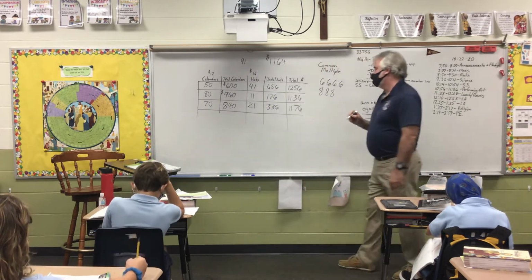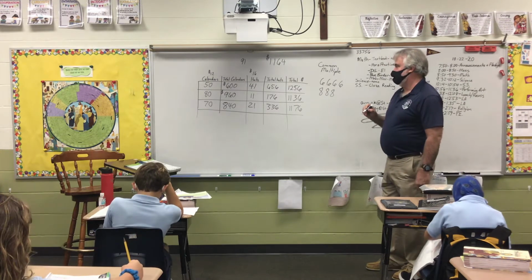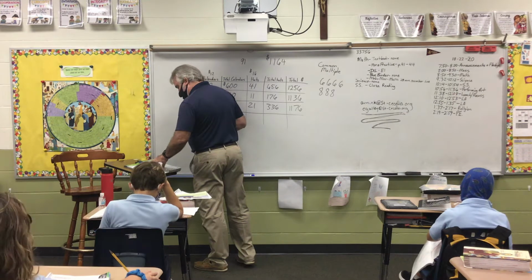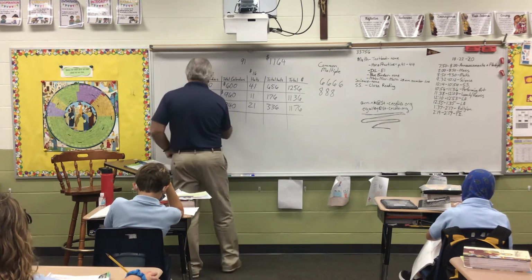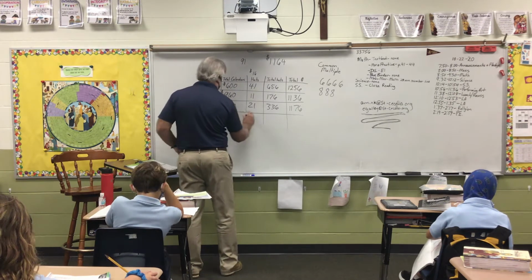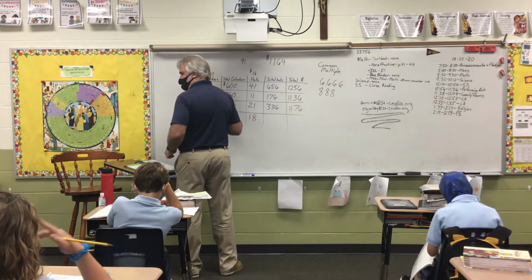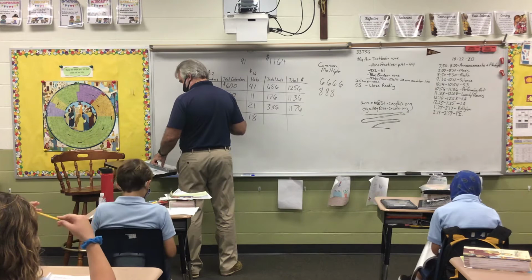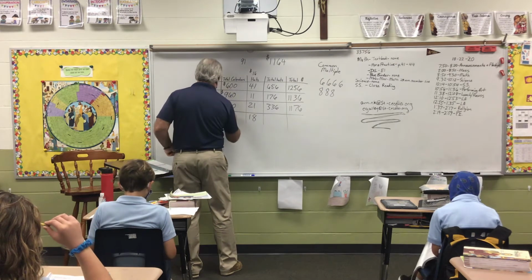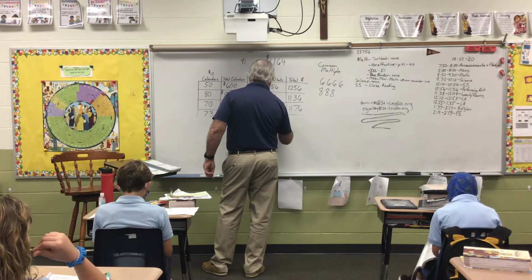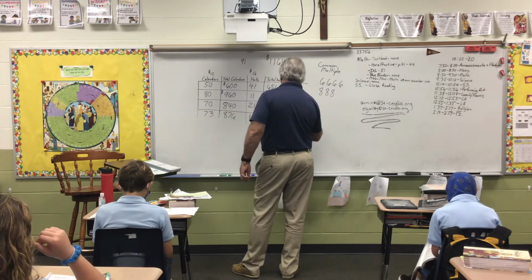Very, very close. 12 off. So then they went to 73. 73 was what? 876. How is 1,164?